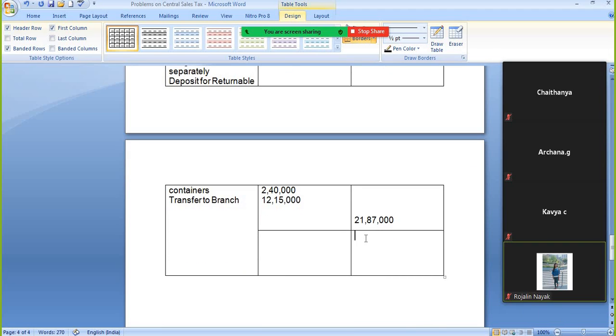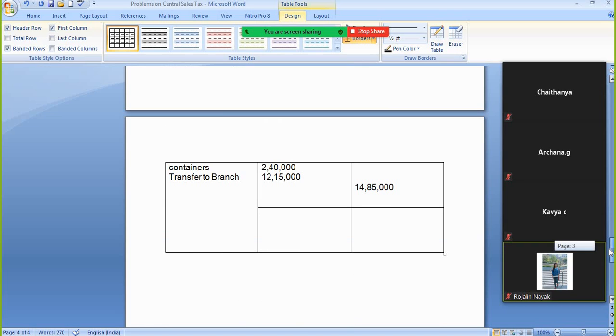How much will you get? 21,87,000. Okay, this is called turnover including CST.